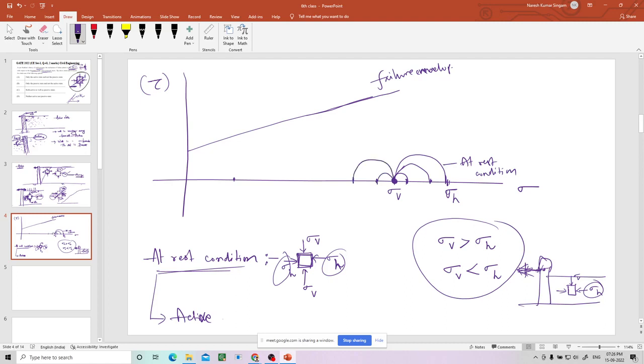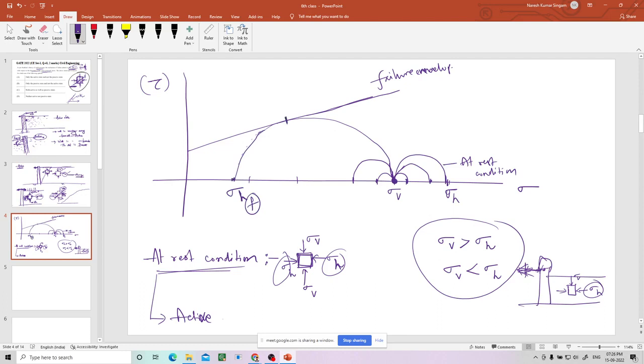It will decrease until which point? Until some point, so that the total final Mohr circle will be, sigma v will not change. Remember, whenever sigma h finally reaches this point, the Mohr circle is touching the failure envelope.